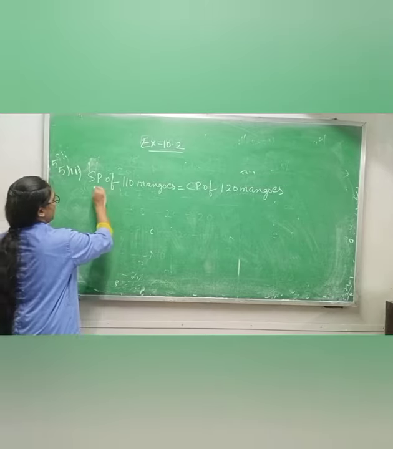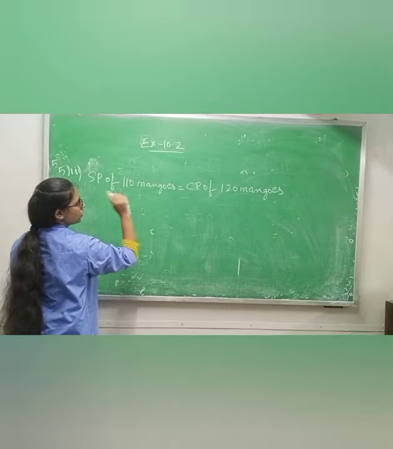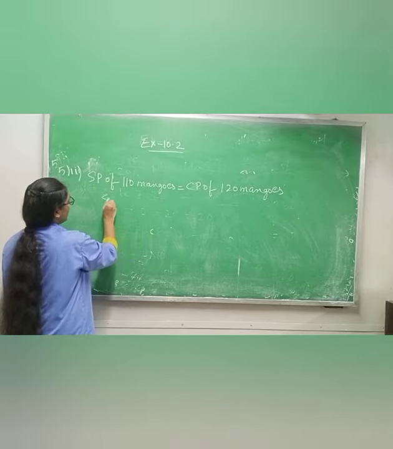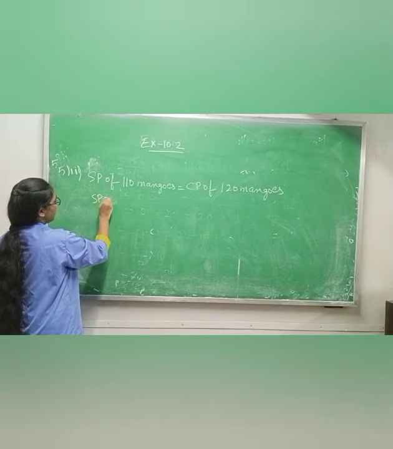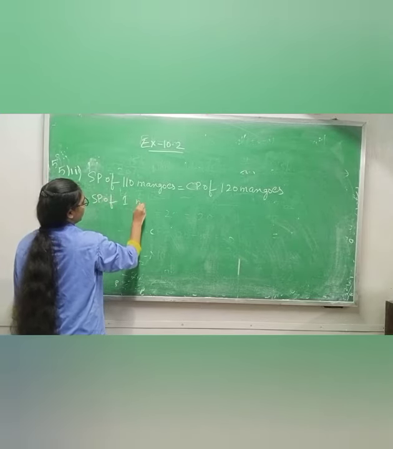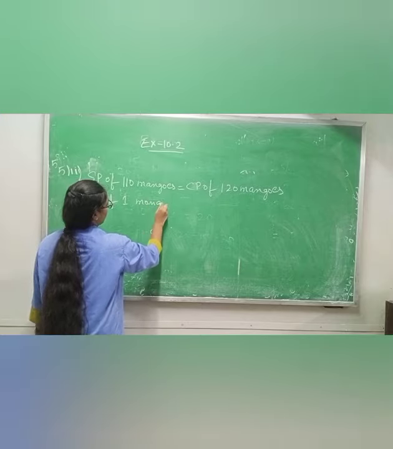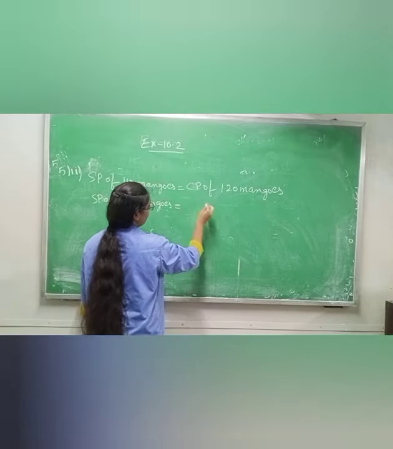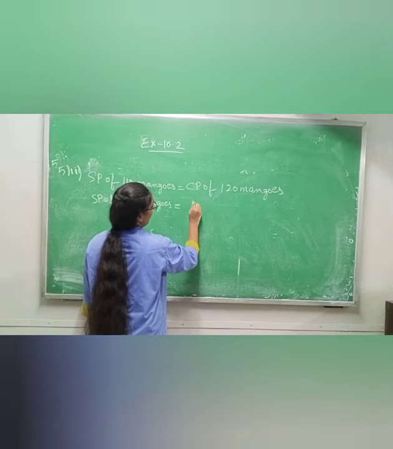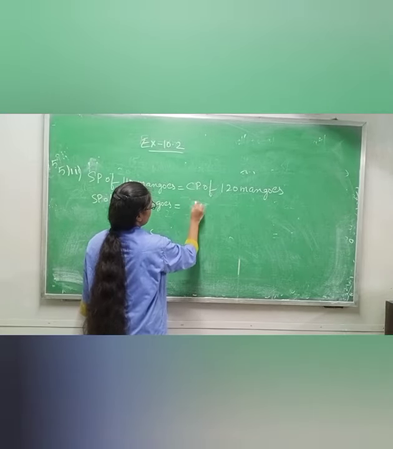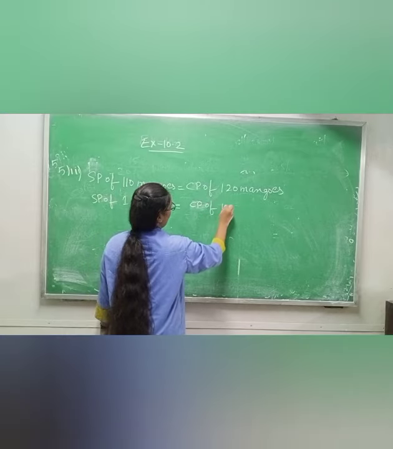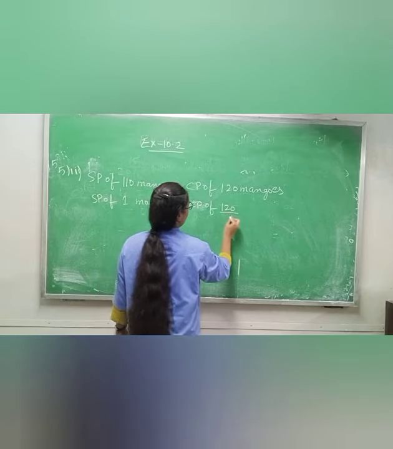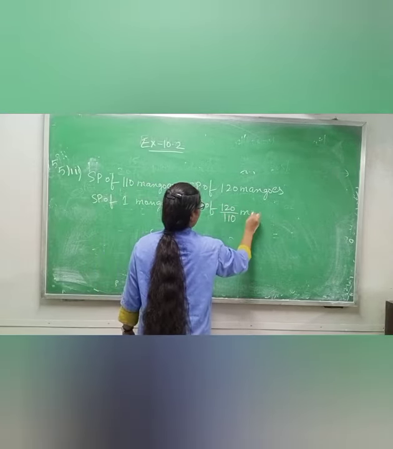So SP of 110 mangoes equals CP of 120 mangoes. SP of 1 mango, unitary method we are doing. So 1 mango is CP of 120 by 110 mangoes.